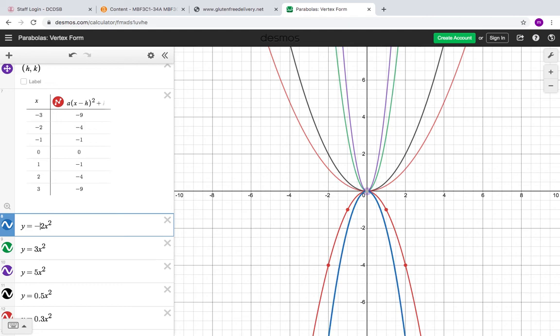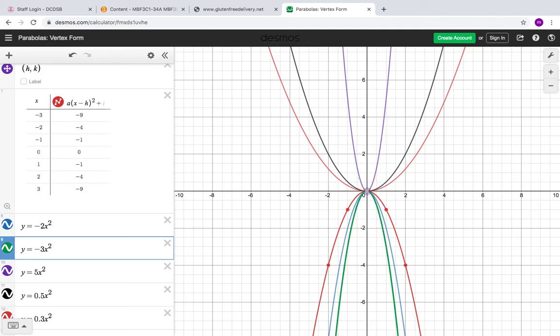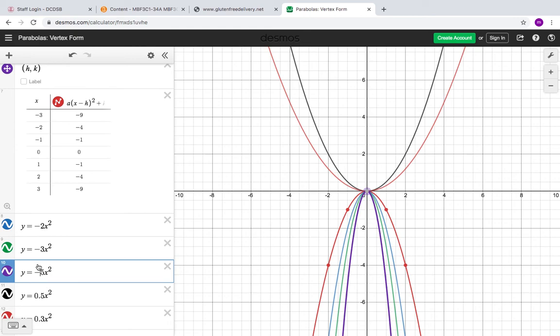So it's going to be narrower, so you're going to have a vertical stretch. But along with a vertical stretch, you're going to have a reflection. So when you're stating this, you're going to say it's a reflection in the x-axis and a vertical stretch. So that negative just makes it a reflection.